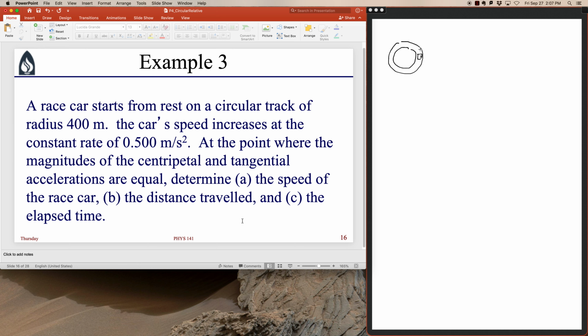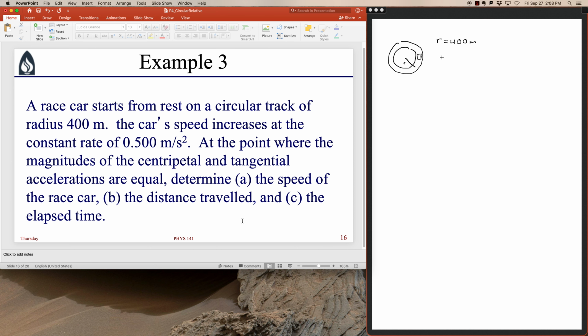And the racetrack has a radius, and I'll call that radius r, and r is 400 meters. The car's speed is increasing at a constant rate of 0.5 meters per second squared. So that's how fast the car's speed is increasing.